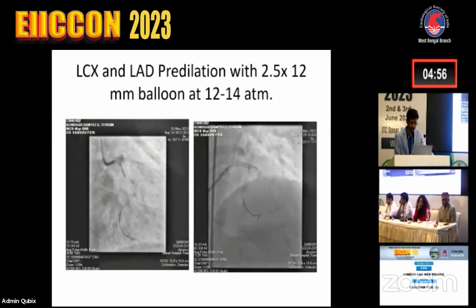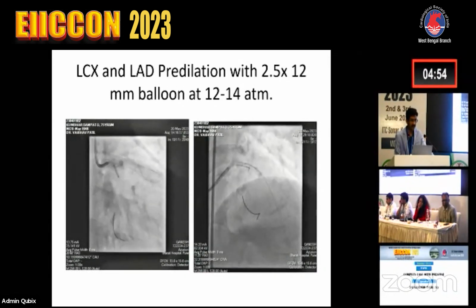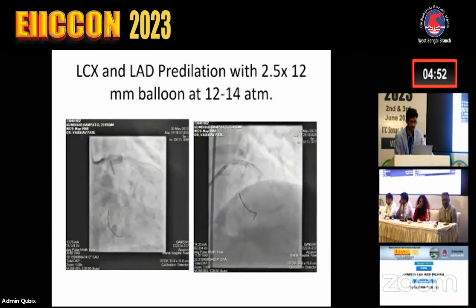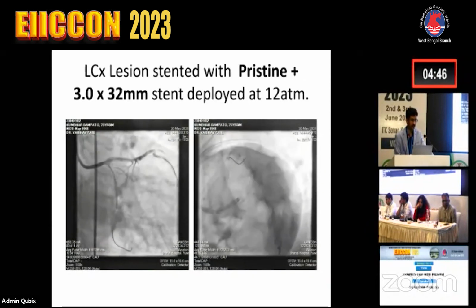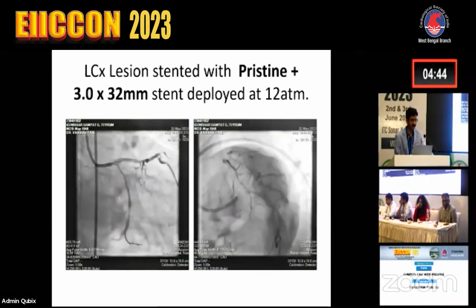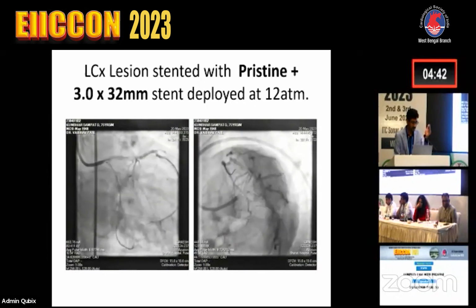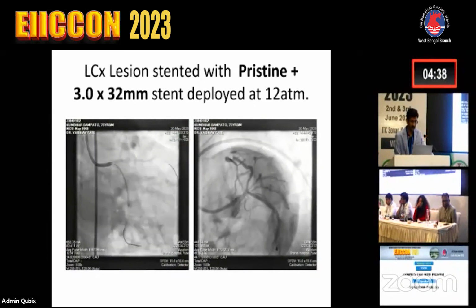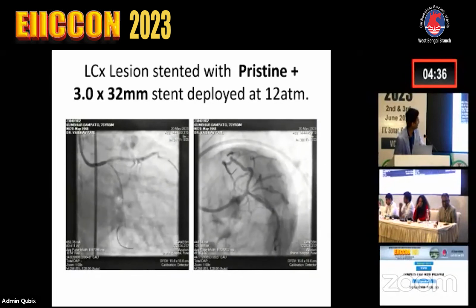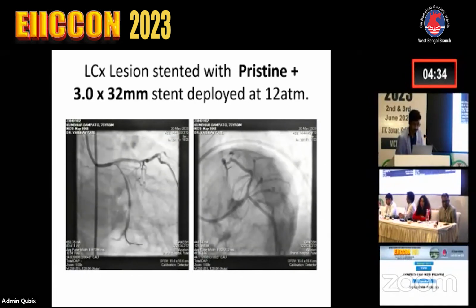So LCX and LAD were pre-dilated with a 2.5 into 12 balloon at 12 atmosphere. Then a Pristine plus 3 into 32 stent was deployed from ostial LCX to the mid LCX, and you can see the angle at the right side, exactly a 90-degree angle.